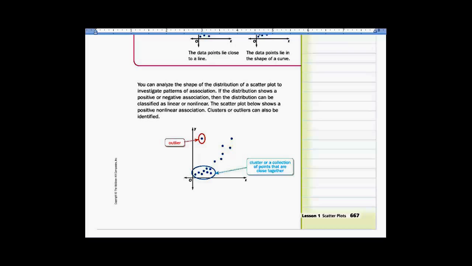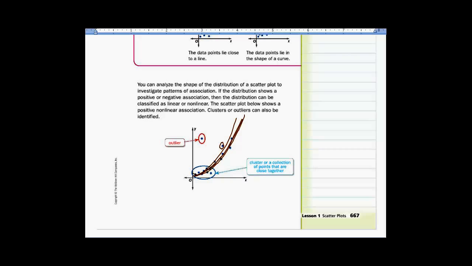Everything else is going to basically follow this nonlinear curve, except for this guy. He's the loner. He's the one by himself. That's an outlier. It's like the outcast of the group. Now, I would not consider this one right here an outlier. It has to be way off in order to be an outlier.